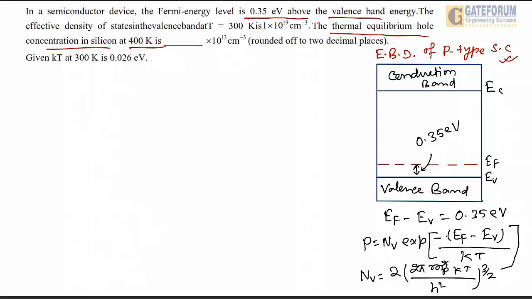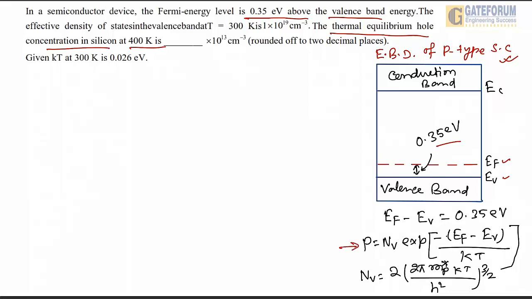So this EF is lying above this EV by the amount of 0.35 electron volt. By the use of this data, we need to find the new concentration of holes at 400 degree Kelvin.